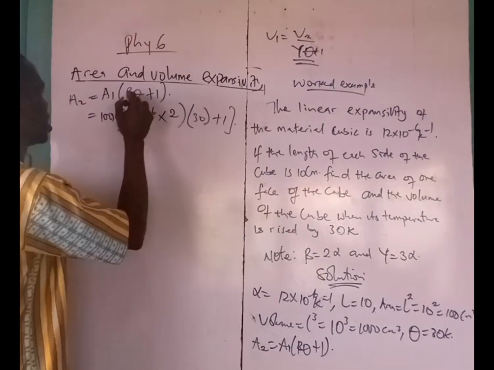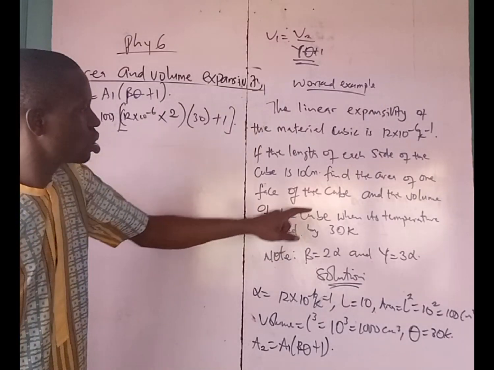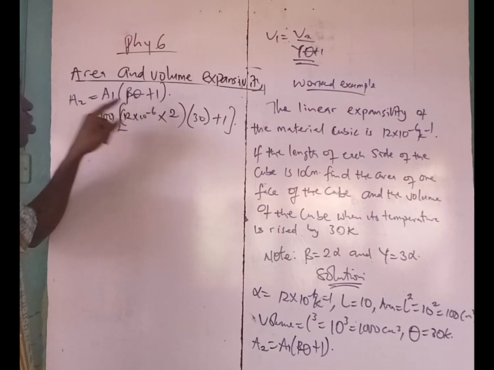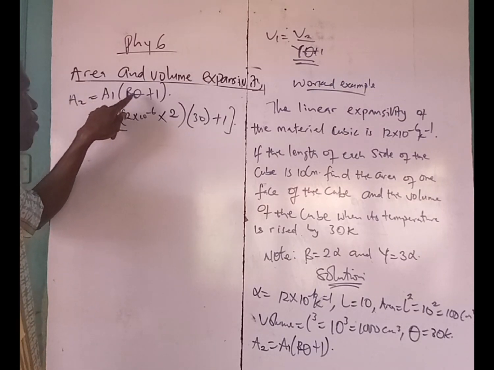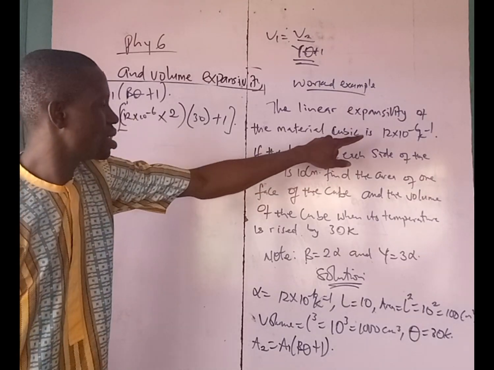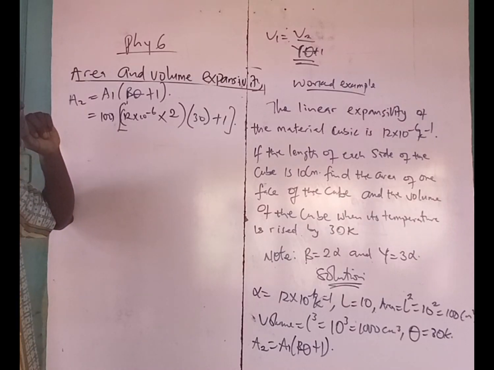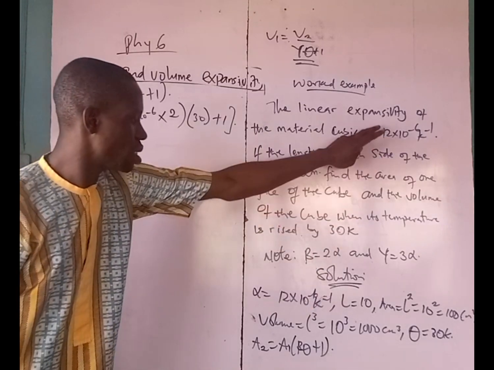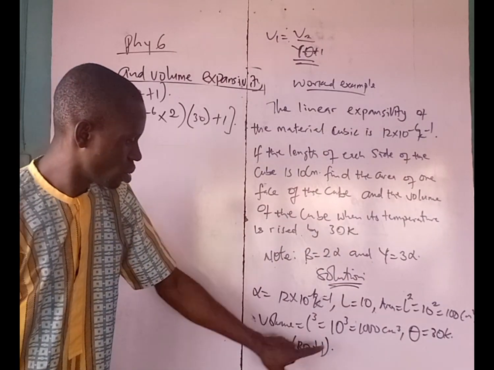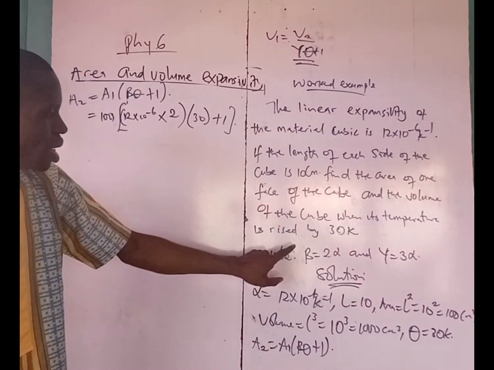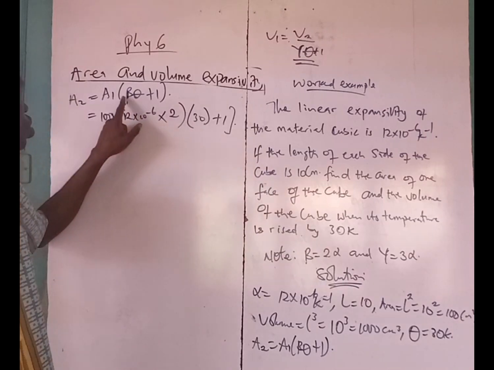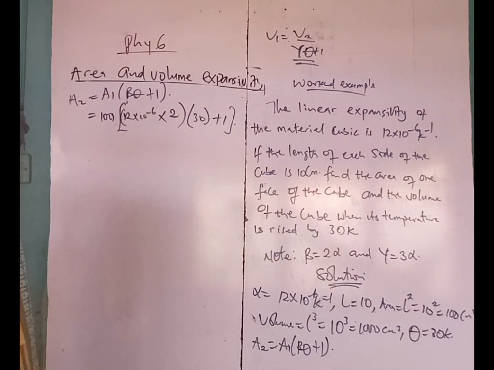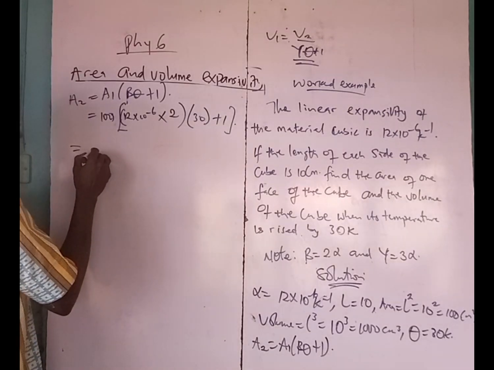We have been given beta to be what? This. So put beta, and we are told that alpha is this, and we are told that beta is 2 alpha. So this one now is 2 times alpha. This one is this, then this is it. Alright, let's expand the bracket one by one and see.